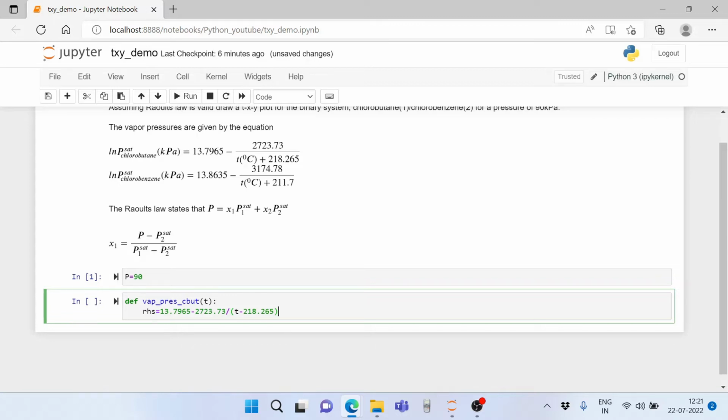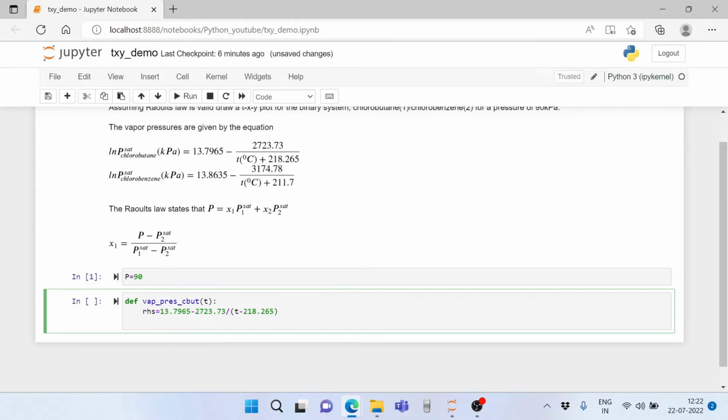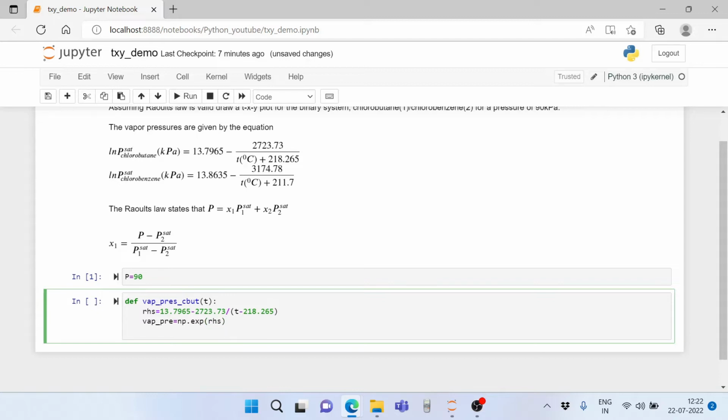That's it. And the vapor pressure is equal to np.exp of RHS, and we return the vapor pressure.